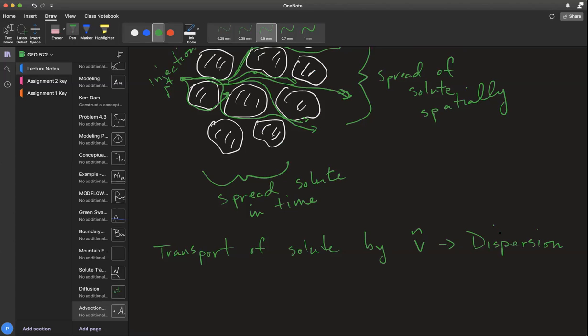All right, and dispersion is this process of spreading by random velocity fluctuations.